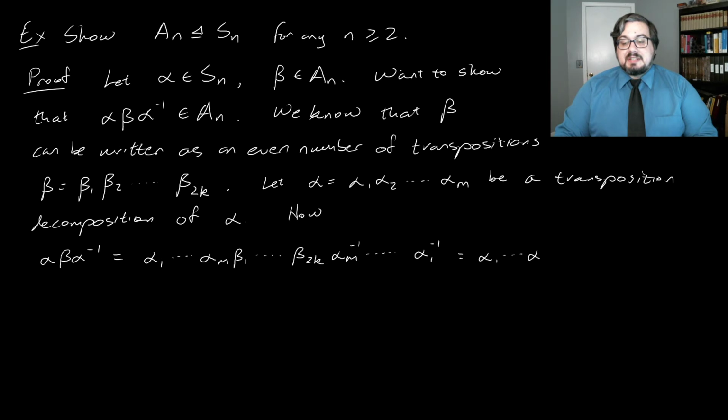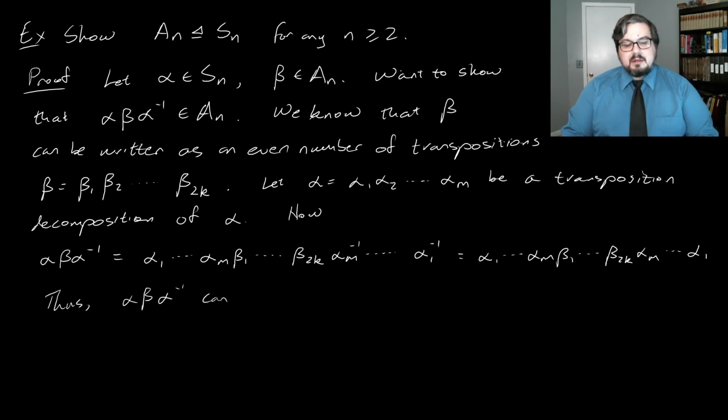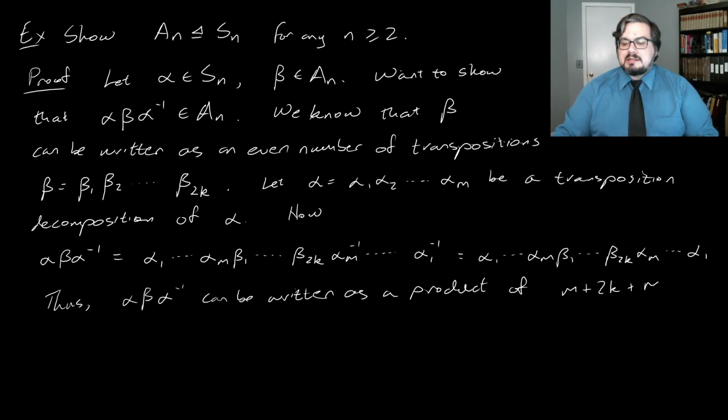And again, as we've seen before, the transpositions, alpha i, are their own inverses, and so we get this. Thus, this means that alpha beta alpha inverse can be written as a product of m plus 2k plus m transpositions.